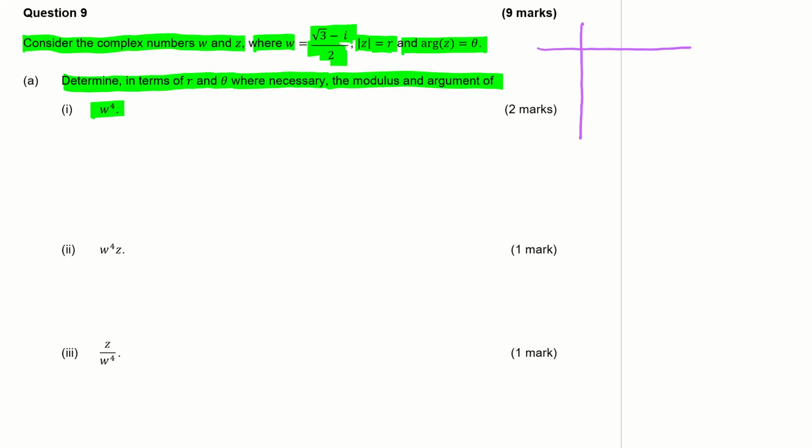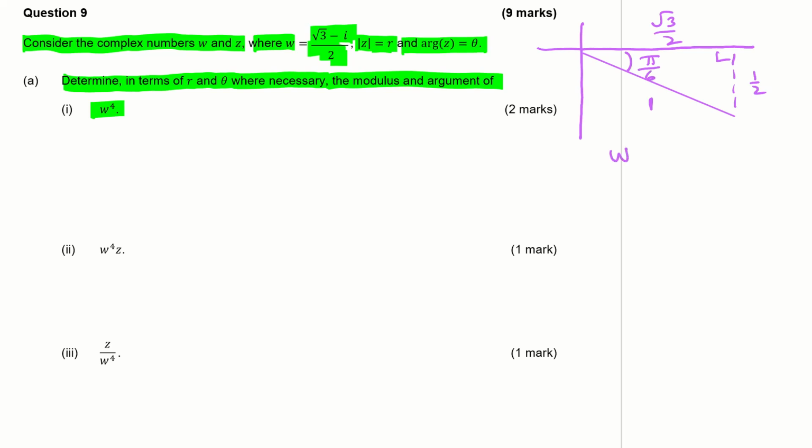So if we look at w, it is going to be down here, and this would be root 3 on 2, and this would be a half, meaning using Pythagoras' theorem that this length is 1, and then a bit of trigonometry, we should see that that one is pi by 6.